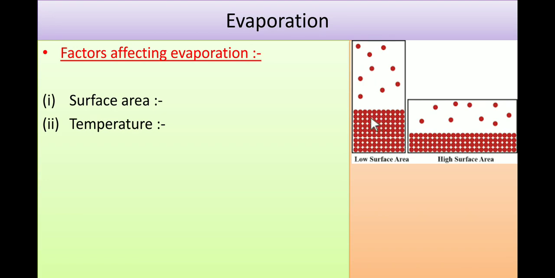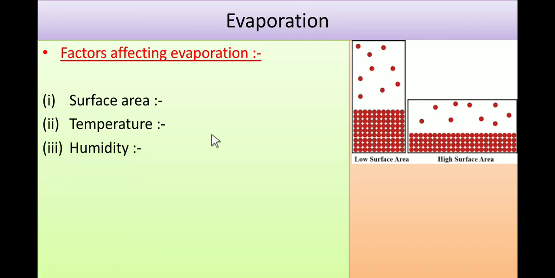From hot water or a hot cup of tea, evaporation goes on at a faster rate, because all particles have higher energy, and the particles on the surface have more kinetic energy.